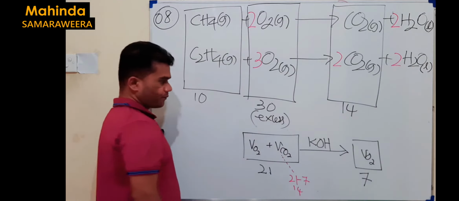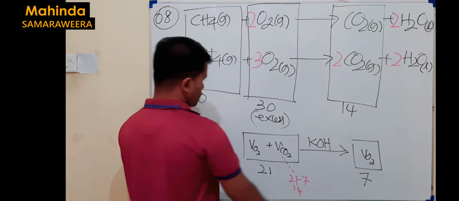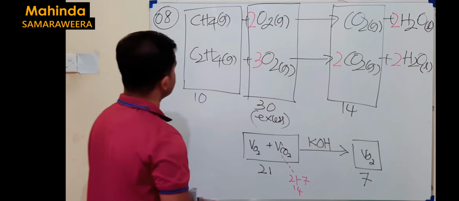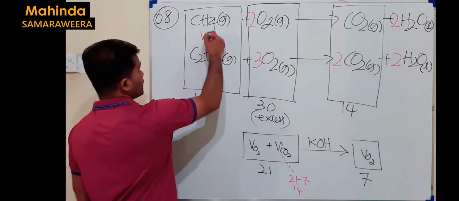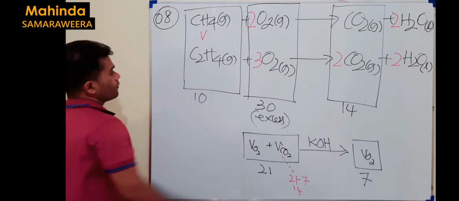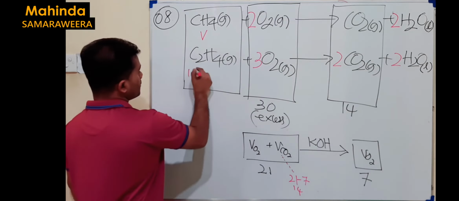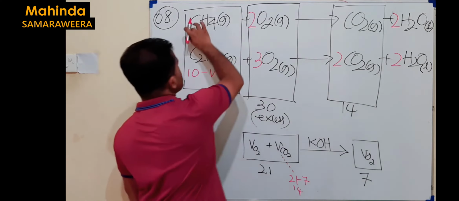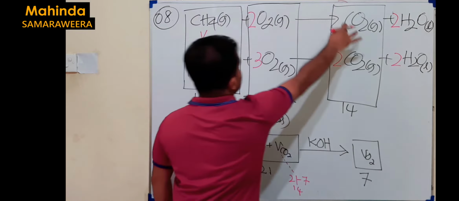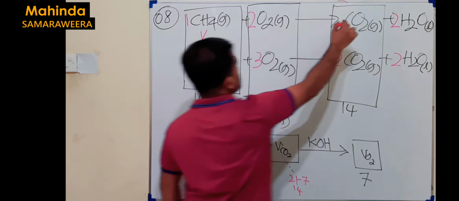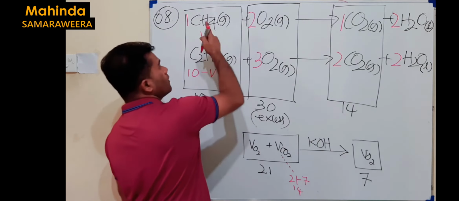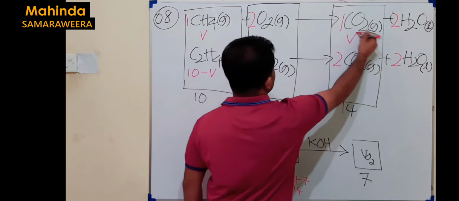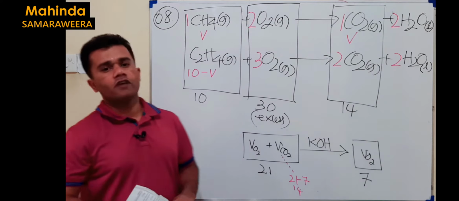That's what we found. Then the volume of O2 remaining is 7. Now we can find the volume of CH4. I assume the volume of CH4 is V. Then the volume of ethylene will be 10 minus V, since the total is 10. According to the stoichiometry, we get a 1:1 ratio here. That means 1 mole of CH4 produces 1 mole of carbon dioxide, so V volume of CH4 should produce V volume of carbon dioxide.